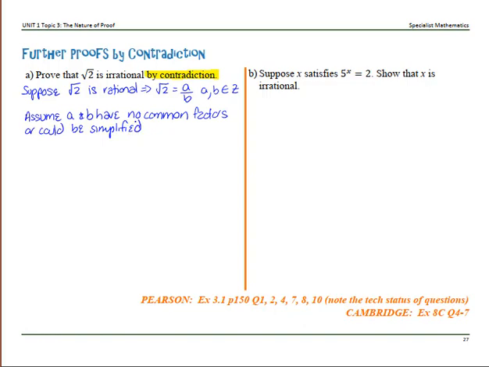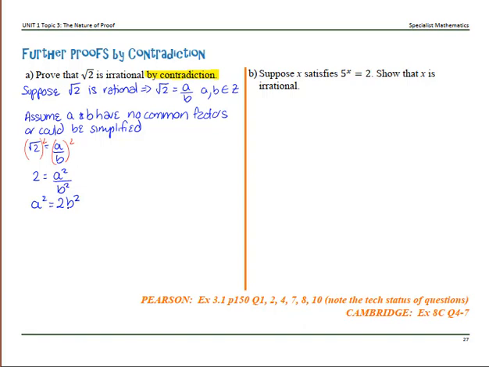So what we have now is the square root of 2 equals a over b. Square both sides. So we have 2 equals a squared over b squared, which means a squared has to equal 2b squared.